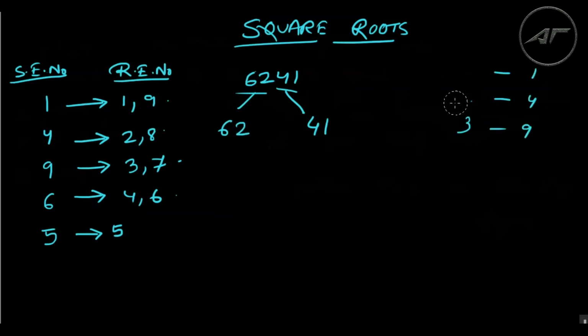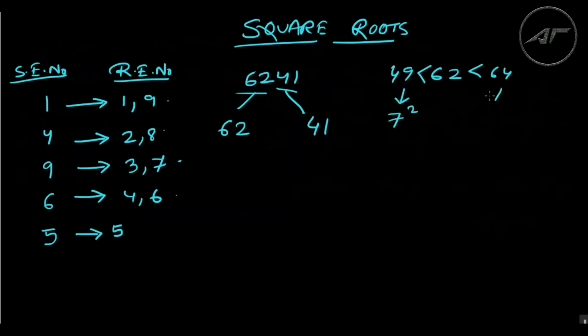Now if we remember the table of squares and compare that 62, it is less than 64 and greater than 49. Now 49 is 7 square, 64 is 8 square.